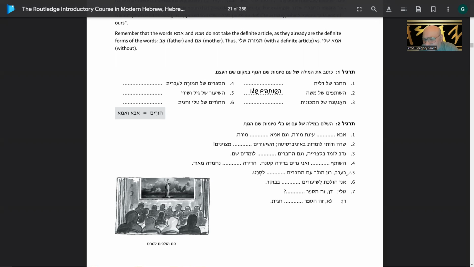Okay, see, but Erev, so in the evening, Ron holech, Ron walks or goes, im, with habarim, with the friends. Oh, to the movie. I bet you it's going to be his friends. Leseret, I think, Seret is movie, but let me double check that.